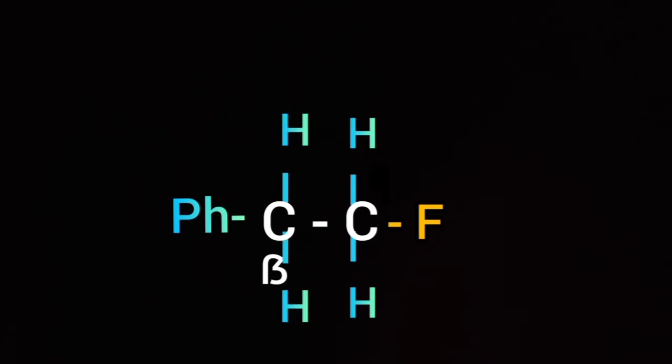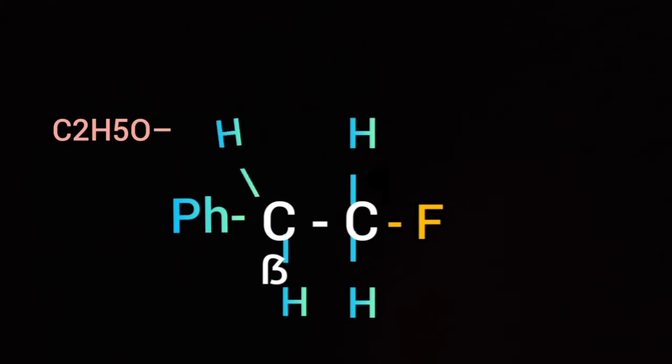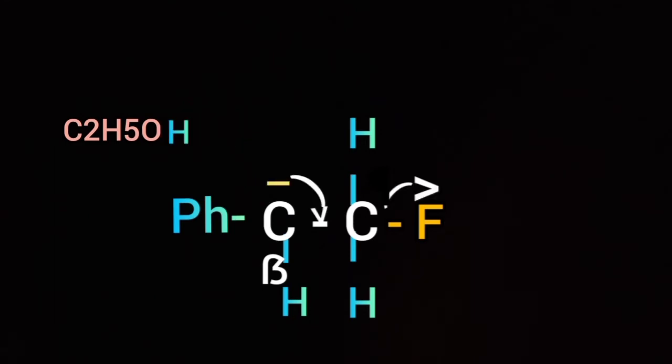There are two beta hydrogen atoms. In presence of ethoxide, the beta hydrogen atom is removed. A negative charge is formed on the beta carbon, and the negative charge on the beta carbon forms a double bond with the alpha carbon, and the F group leaves as F minus.